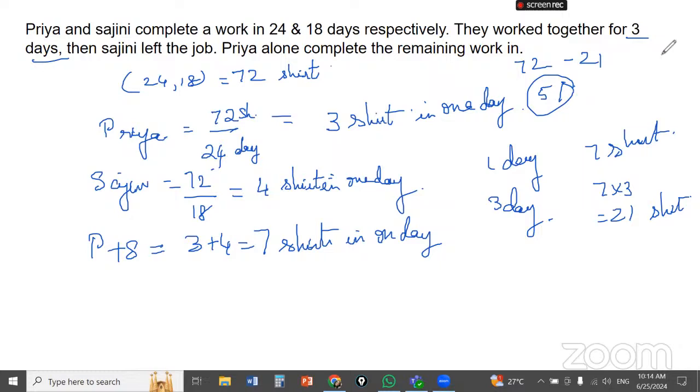Priya can complete 3 shirts in one day. So for 51 shirts, 51 divided by 3 is equal to 17 days. So Priya alone takes 17 days to complete this.